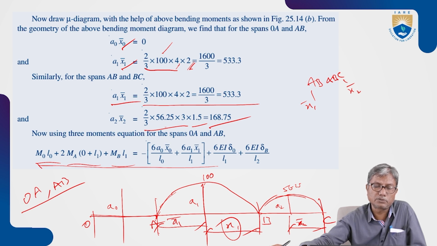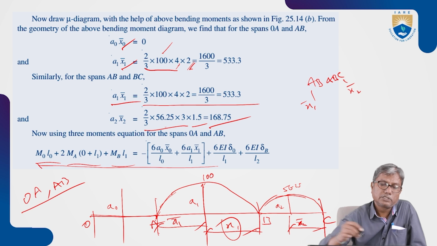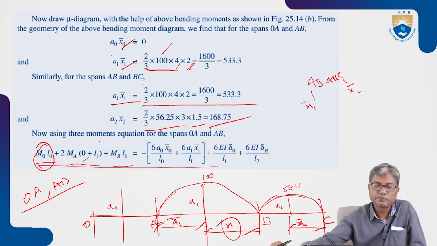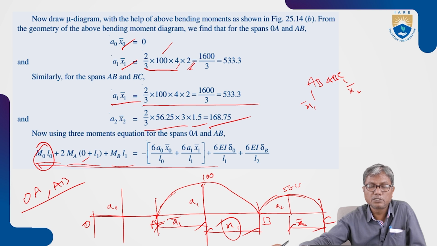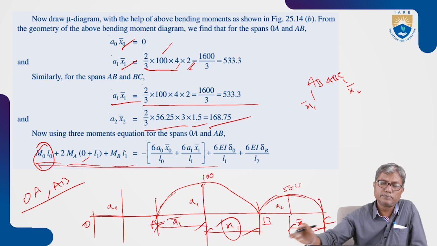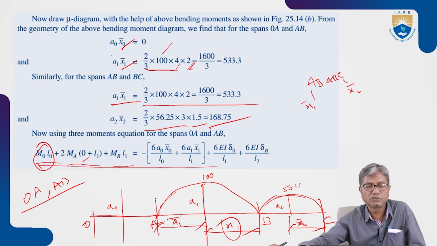Here L0 is 0, so this term becomes 0, and here L0 is 0. So finally we have 2MA, and L1 is 4. So 8MA plus 4MB. 8MA plus 4MB.